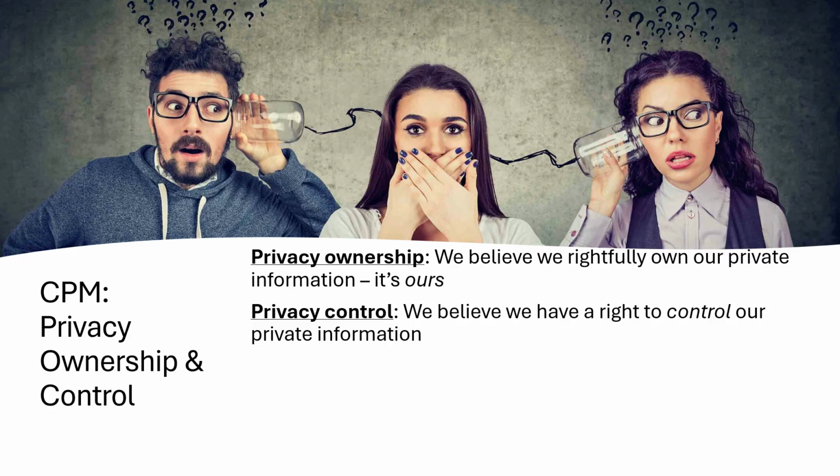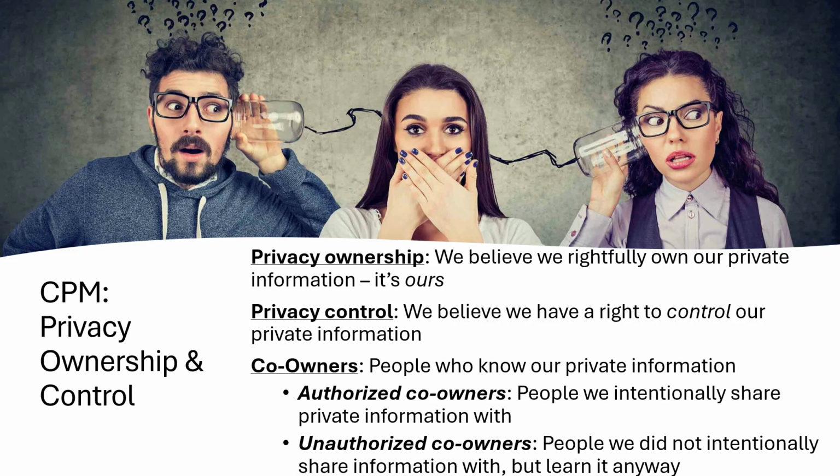Privacy is something that can be maintained or given up through the process of disclosure. And when we manage our privacy, we try to control the flow of information. We want to decide who has access to the information and what aspects of the information they can share and what information they should not share.